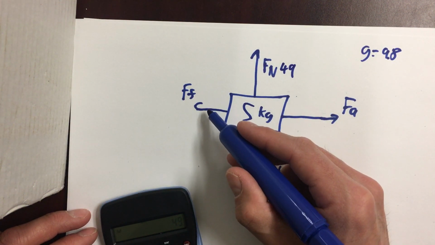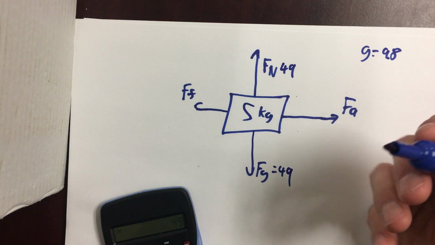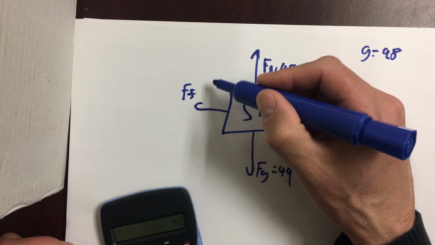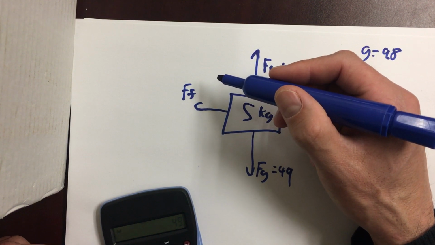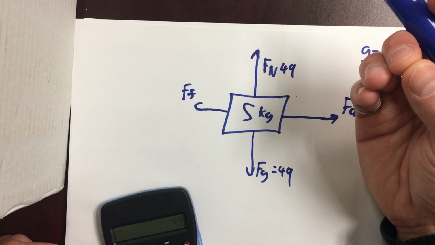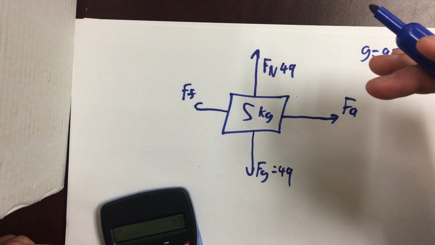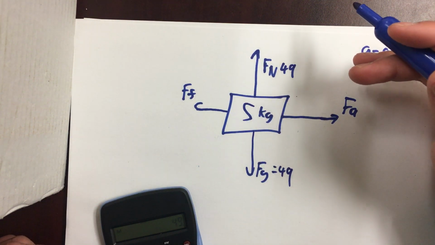The force of friction is going to have a maximum value. So when we write down the force of friction, if it's static, this isn't necessarily the amount of friction that's being exerted at that time, but it is a cap. It is the maximum amount of friction available.